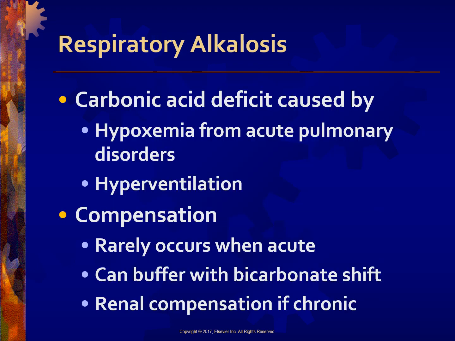So respiratory alkalosis is a carbonic acid deficit that occurs with hyperventilation or an increase in respiratory rate or volume. So the primary cause of respiratory alkalosis is hypoxemia from acute pulmonary disorders. Hyperventilation can occur as a physiological response to metabolic acidosis and increased metabolic demands, such as fever, pain, anxiety.